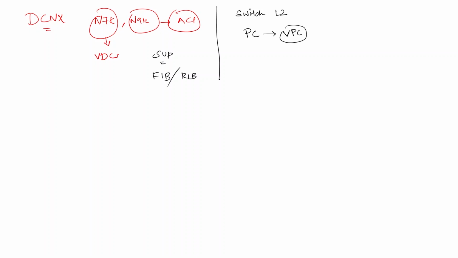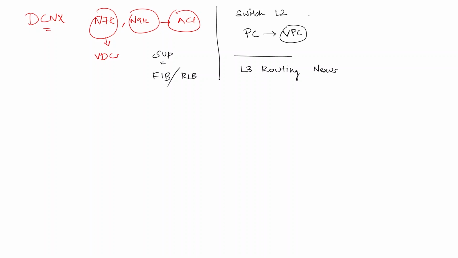So we will talk about the configuration of this virtual port channel and how to troubleshoot this virtual port channel. And later on, after understanding the virtual port channel, we will also learn about the layer 3 routing configurations being done in the Nexus switches.